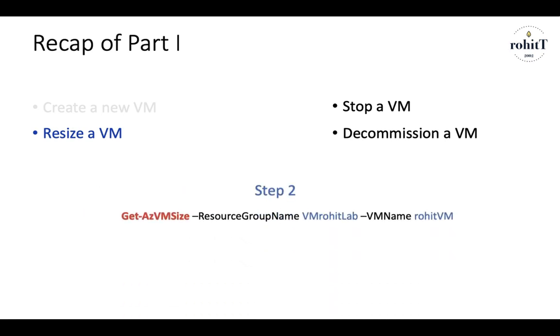And then we would also like to confirm whether the Standard B1ms size that we want the VM to be resized to is available on the cluster where my VM was actually provisioned. So we run this command, Get-AzVMSize, followed with the resource group name and the VM name.